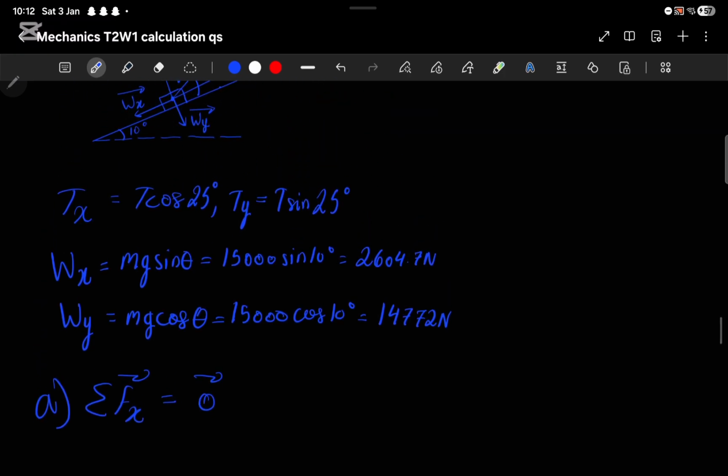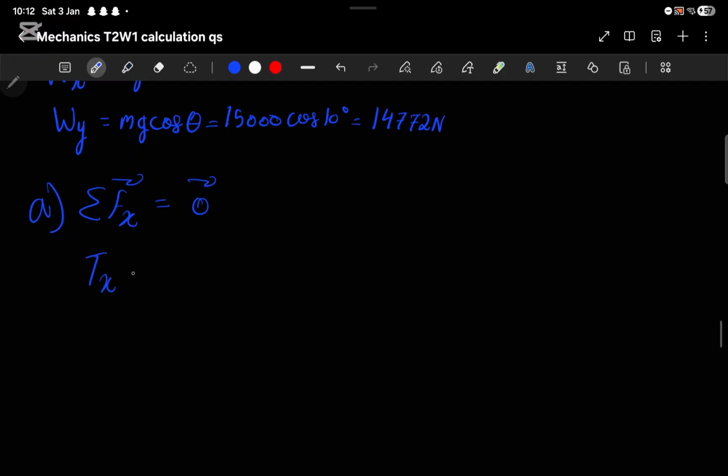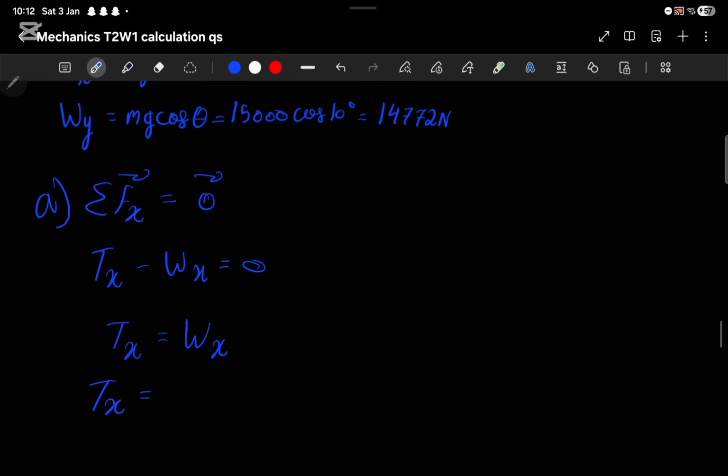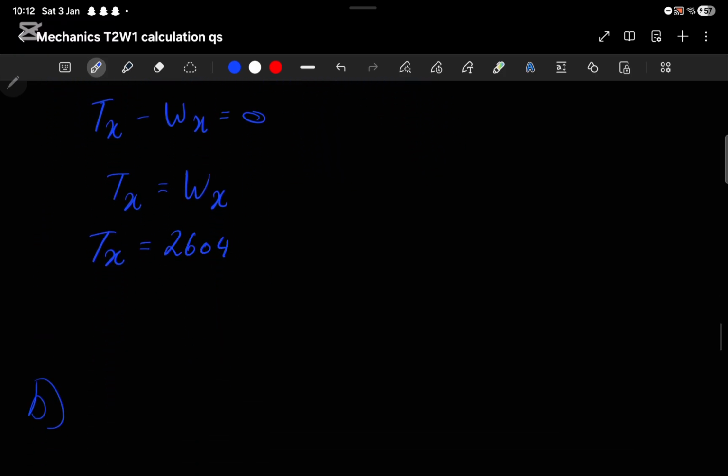Now, obviously for tension, we're going to take this direction to be positive, because we want to find the positive value of the tension. It's magnitude, but doesn't matter. It's preferred to do it like this. So this is the positive direction. Now, Tx minus Wx is equal to 0. Doesn't even matter anyway. I'll take one to the other side, they'll both be positive, because it's going to equal 0. So, how much is Tx equal to? Wx is 2604.7. Now, Tx was T cosine 25 degrees, right?